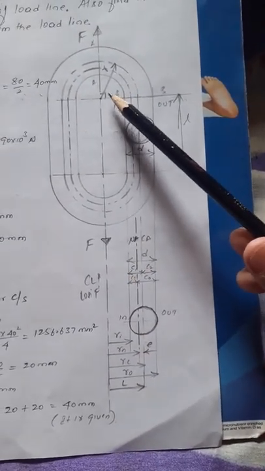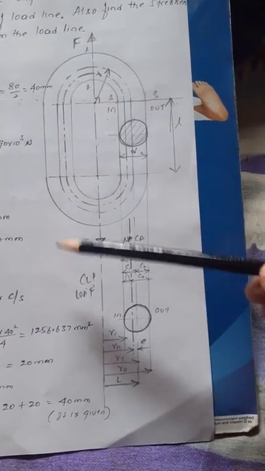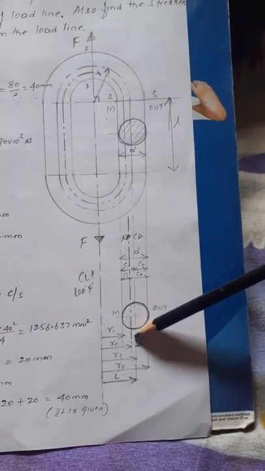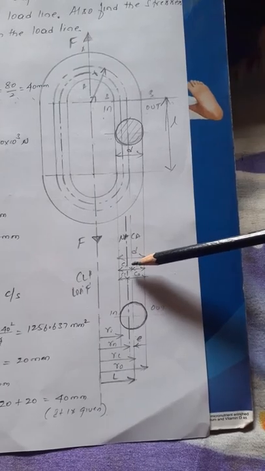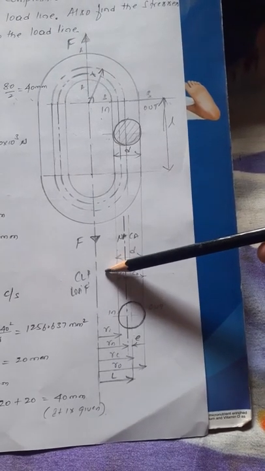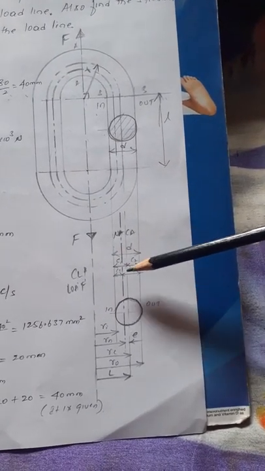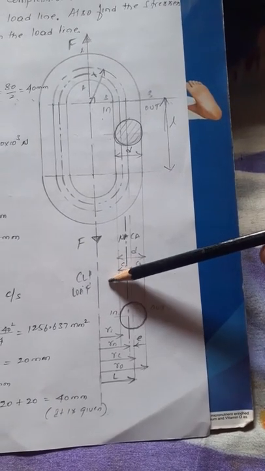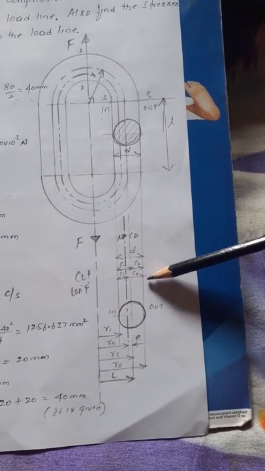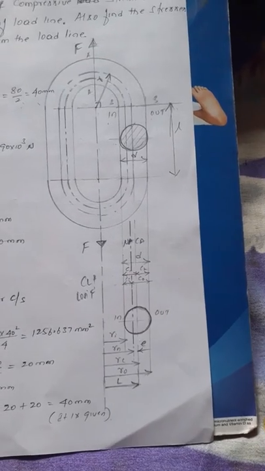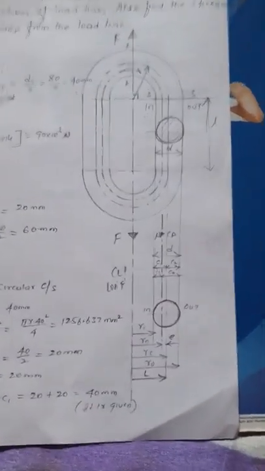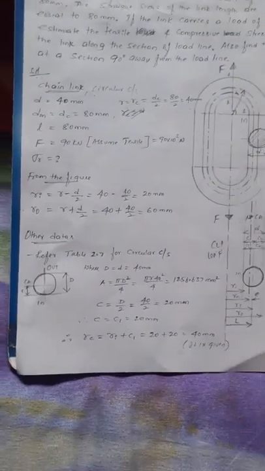Here the load line and the central line of curvature coincide. Then the eccentricity with respect to the centroidal axis at the inner fiber is C1, at the outer fiber is C2. With respect to the neutral axis, the inner fiber distance is Ci, and the distance between the neutral axis and the outer fiber is C0. Once you write these out, then you go on to write the other data.